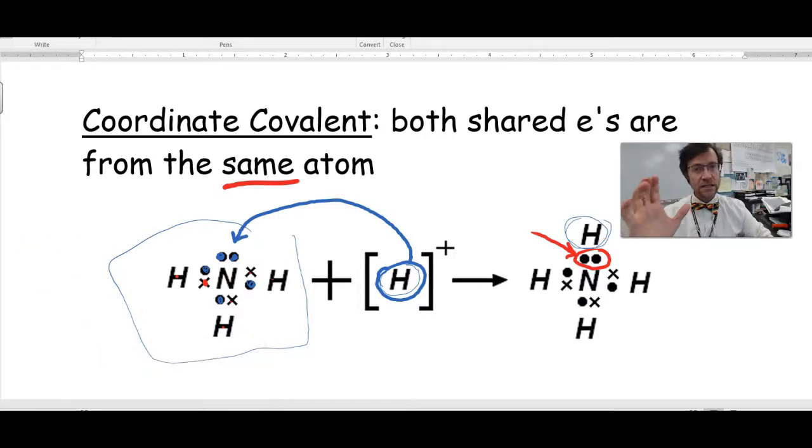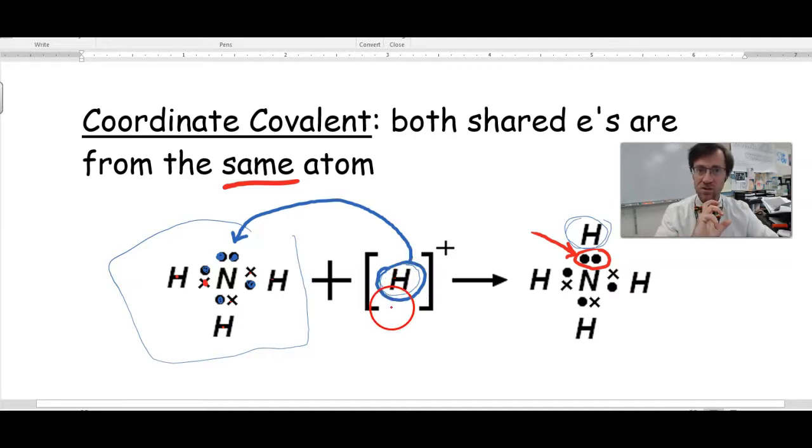The only reason this coordinate covalent bond happens is because this hydrogen doesn't have any valence electrons. It's really quite an unstable situation. It's just a proton, so there's a lot of positive pull. So when this proton or hydrogen ion lands into these two electrons, they just naturally form a bond.